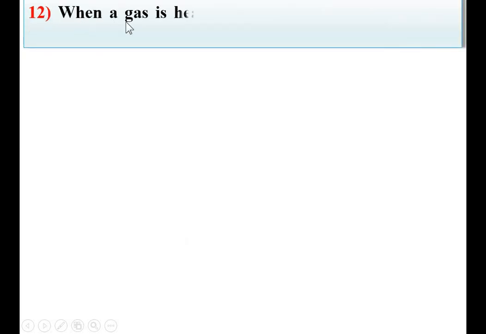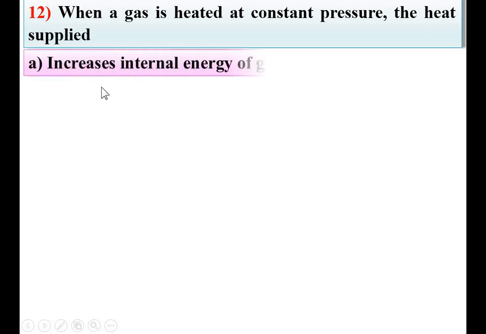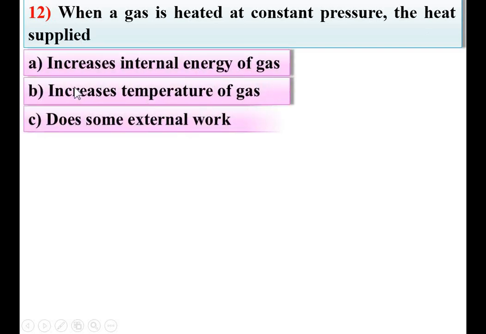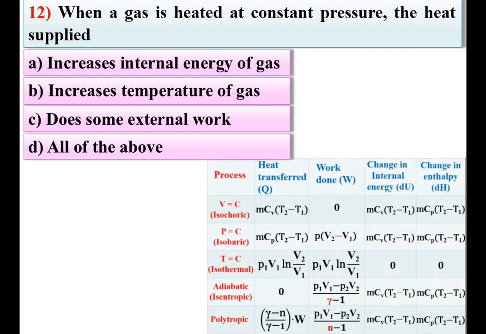Next, when a gas is heated at constant pressure, the heat supplied, option: increases internal energy of gas, increase in temperature of the gas, does some external work, all of the above. Let's consider this important note.